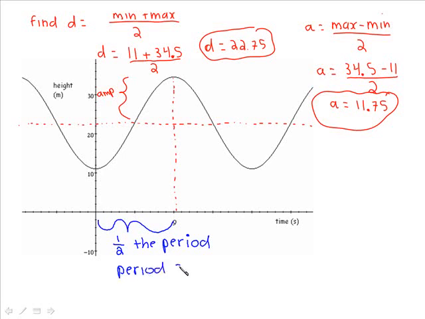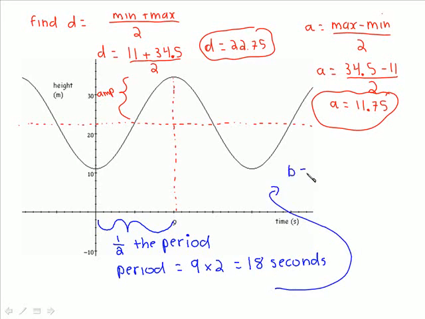If it takes 9 seconds to go halfway, multiply by 2 is equal to 18 seconds. And then all we have to do to get the B value is go 2 pi divided by that period, which is 18. So B is therefore equal to pi over 9. And those 3 values do not change.